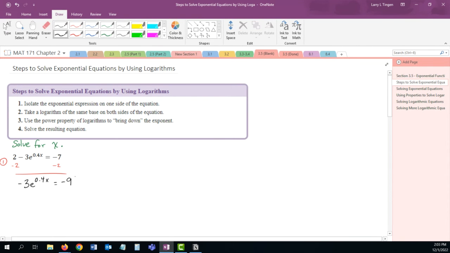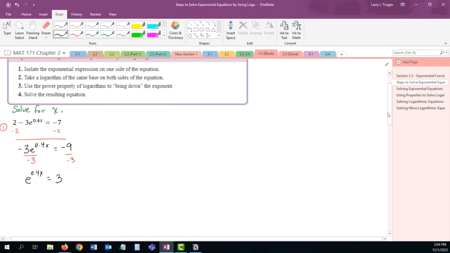E to the 0.4x is not by itself, because it's multiplied by -3. So I'm going to divide both sides by -3 to get that exponential expression by itself. And then -9 divided by -3 is 3. So now I have my exponential expression on a side by itself, which is exactly what I wanted.